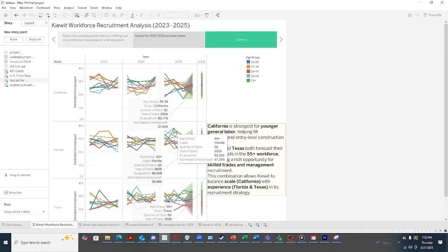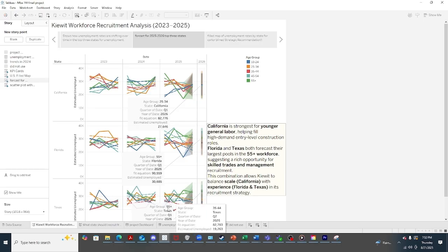Now, with my forecast, I chose to do an overall forecast just to make it a little easier. So you have California, Florida, and Texas, so that it's easier to see the points. And I did a callout on the highest points of each one, so the most opportunity.